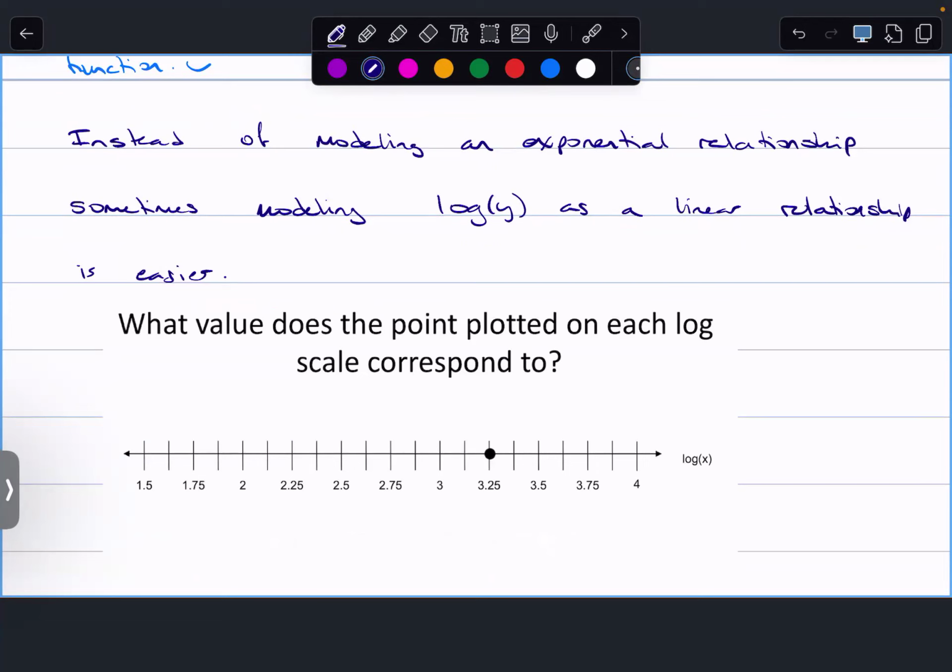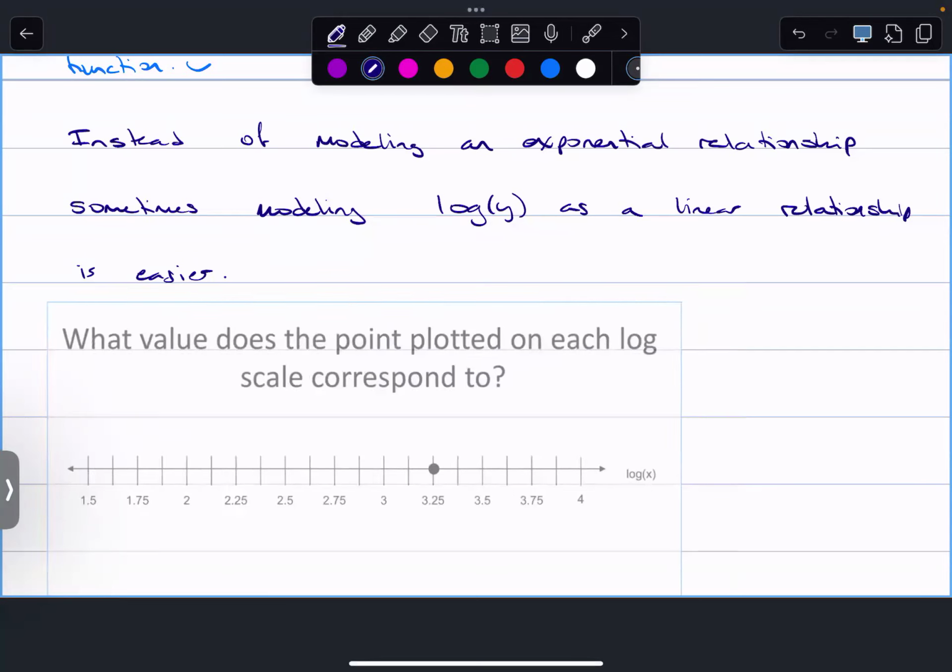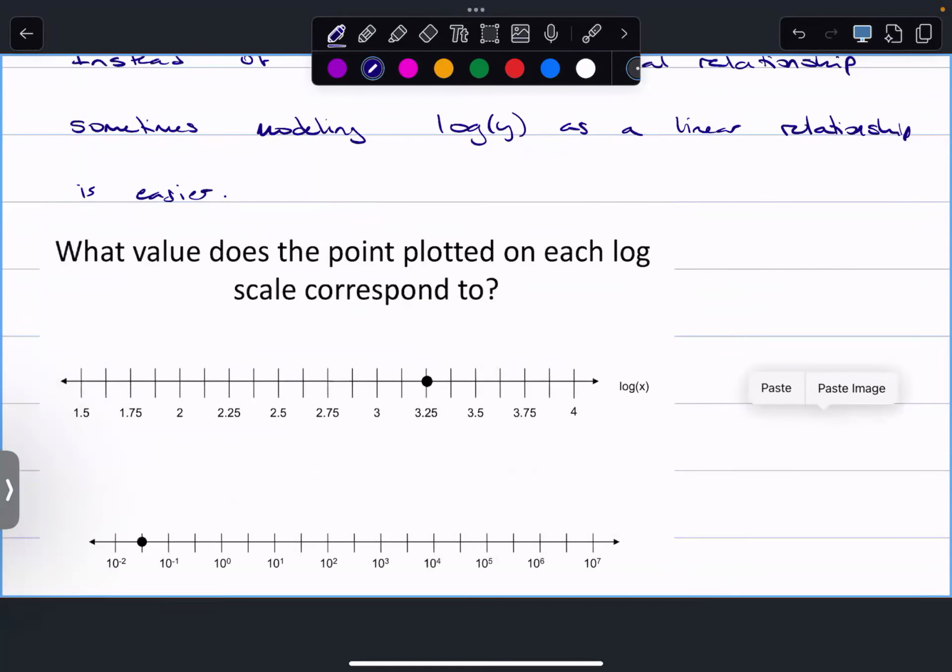That could be easier mathematically, or in terms of explaining the relationship, it's easier to talk about a straight line, because most people have a decent understanding of straight lines, right? But maybe not so much of exponential functions. My little bit of stats sneaking in there.